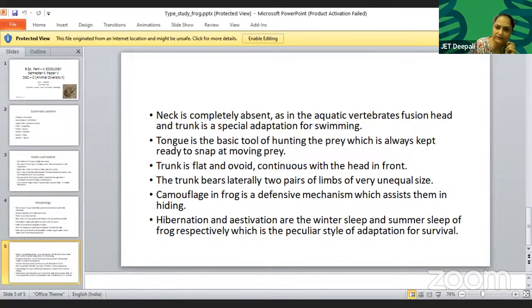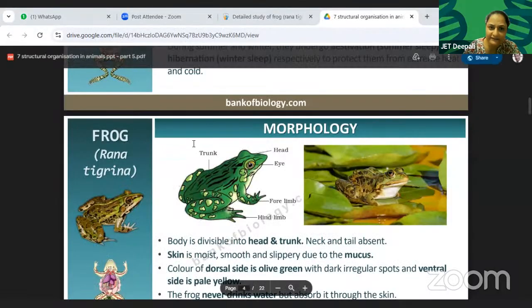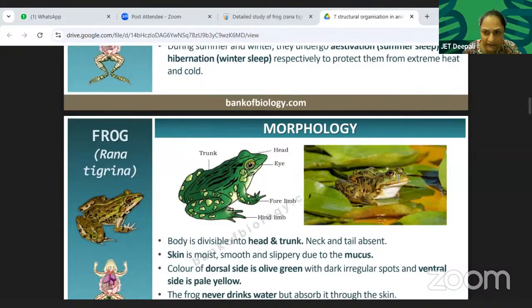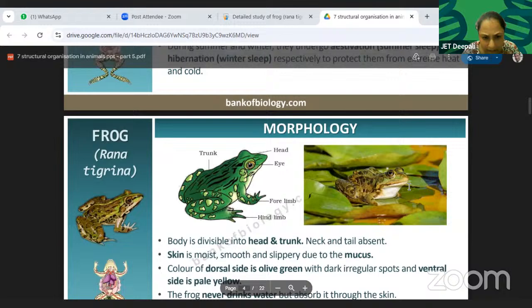Yes, ma'am, I cannot see the slide more. Okay, sorry, it's okay, beta. I'll make it clear. See, I'm doing it once again, then you will be able to see this. Now clear? Is it visible now, beta? Yes, ma'am, it is now.